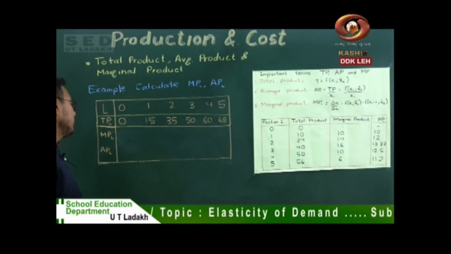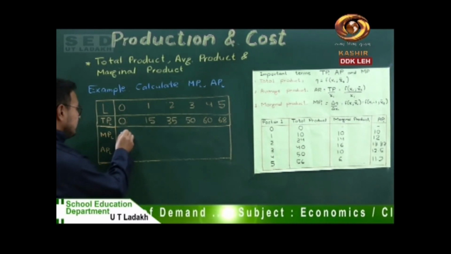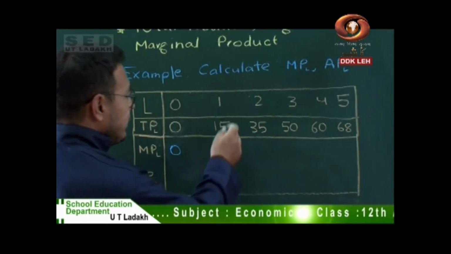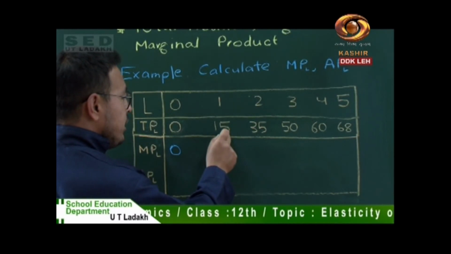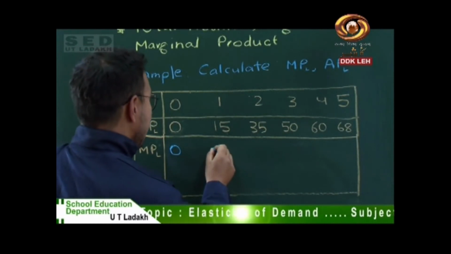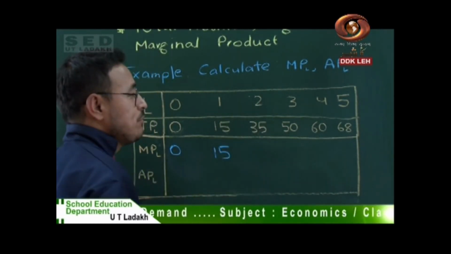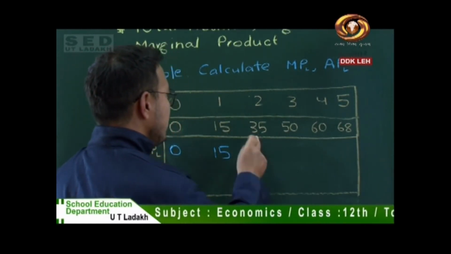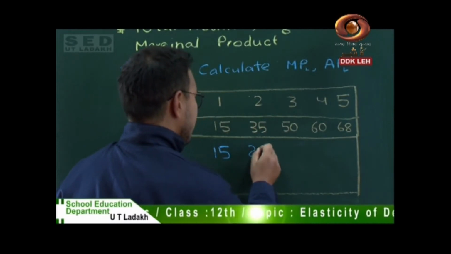Now first we have to calculate marginal productivity of labor. So it's simple. In the first case, it's 0. In the second case, what will be the marginal contribution of the first labor? It's simply TP1 minus TP0, that is 15 minus 0. It's 15. Now what is the marginal product of the second labor? 35 minus 15, which is 20.